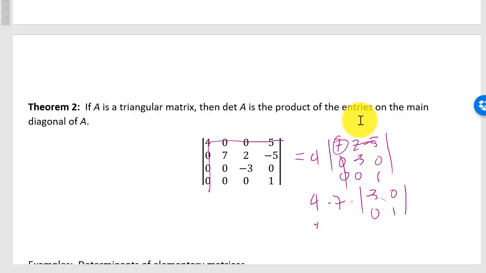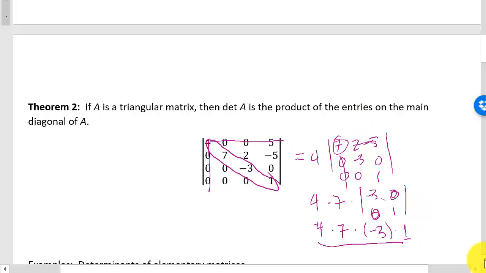So that's 4 and 7 and negative 3 times 1. And then since this is supposed to be an upper triangular matrix, we have one of these, in this case both of them are 0, and so there's nothing to subtract, and so this just turns out to be the product of the diagonals. Okay.